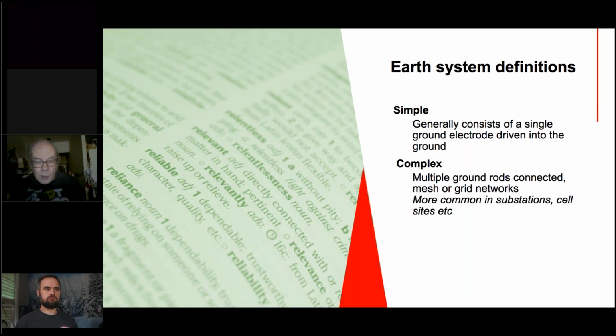It's just how much metal can you put into the ground to help get your fault currents into the ground and out of your electrical system. And the more metal you put in the ground, the lower the resistance is going to be, and the better your grounding electrode is going to operate. So from the standpoint of testing it and maintaining it, they're all pretty much the same. Next.